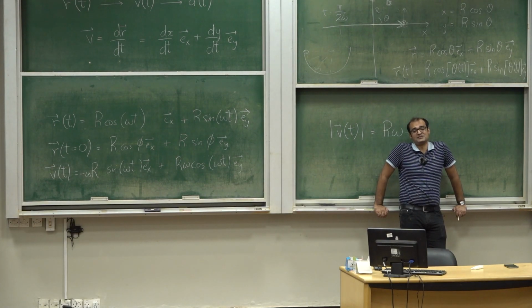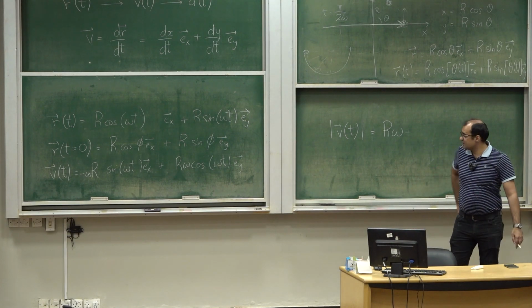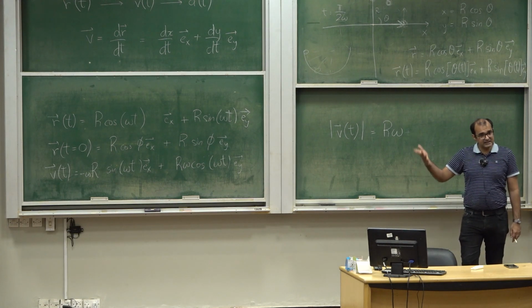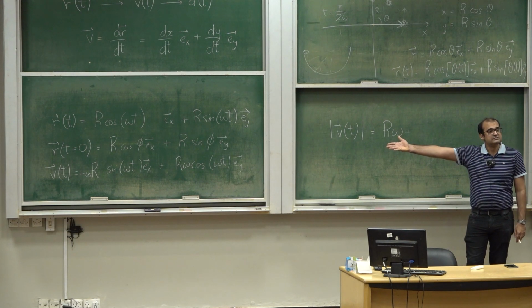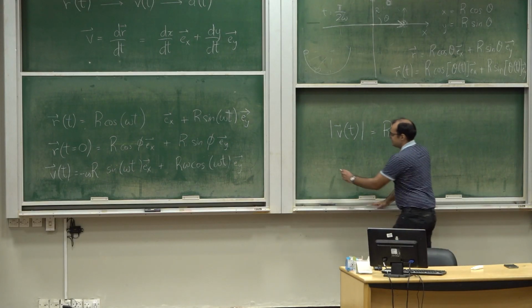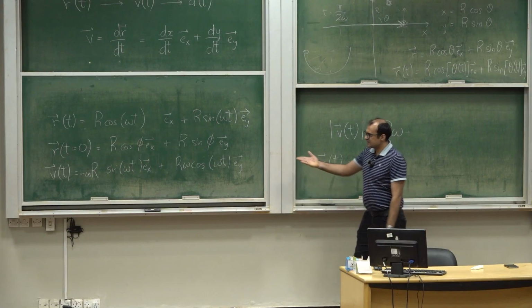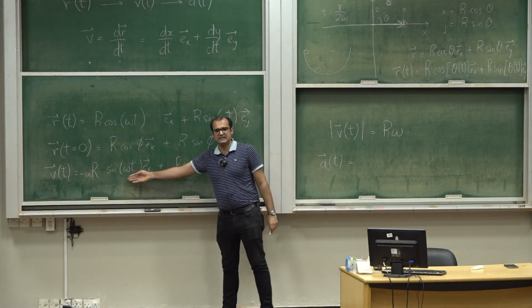The vector contains both magnitude and direction. So the acceleration vector can be non-zero, and to check that, you differentiate the velocity vector. Acceleration could be dependent on time. What do you get once you differentiate this?